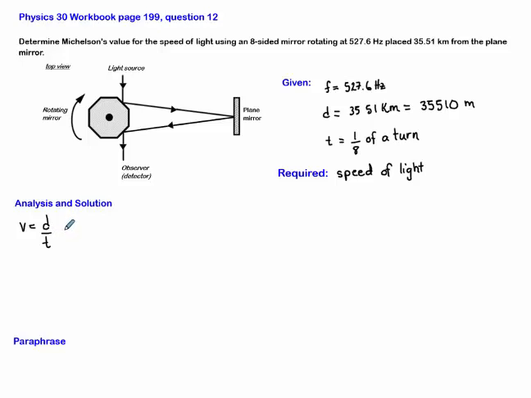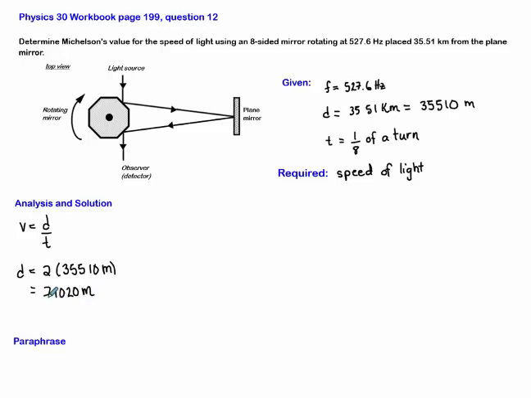Well, we were given the distance between the rotating mirror and the plane mirror, but the light actually travels there and back. So we know that the distance is going to equal 2 times 35,510 meters, which when we put into the calculator, that's going to give us 71,020 meters.